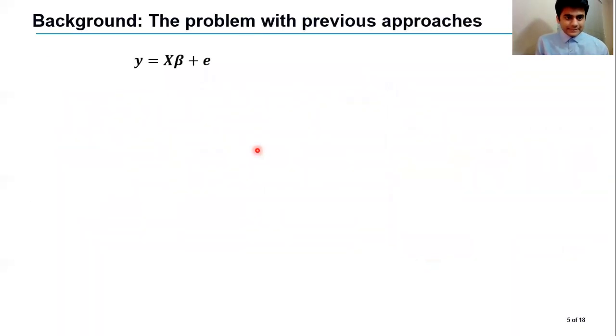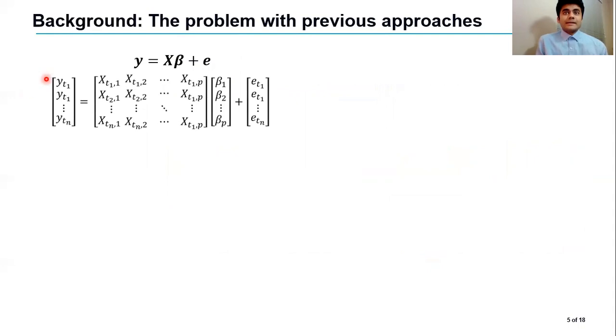Well, this means that the data is fit to nuisance covariates using this equation, y equals X beta plus E, the generalized linear model. Here, y is the time series of intensity values for a particular voxel.